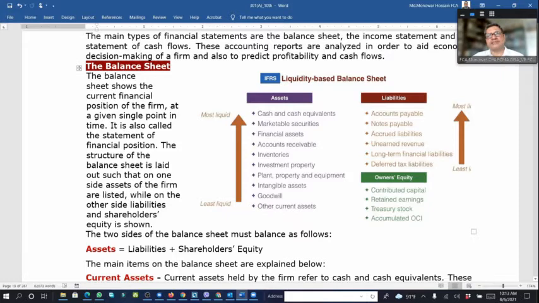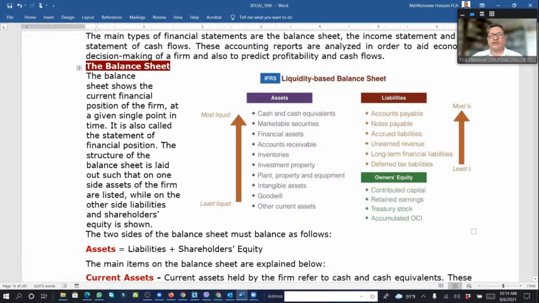For example, on the asset side, cash and cash equivalents, and the least liquid would be on the lower side, that is goodwill, other non-current assets, etc. So this is the segregation. This is the presentation style of assets. In the same way for liabilities, the most liquid would be on the upper side. That means accounts payable, notes payable, tax payable, accrued liabilities, etc. And the harder one would be on the lower side.